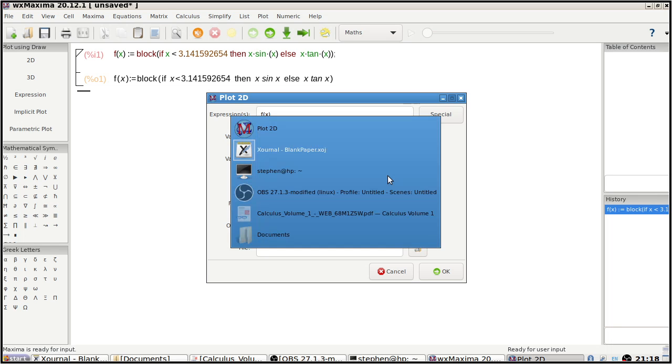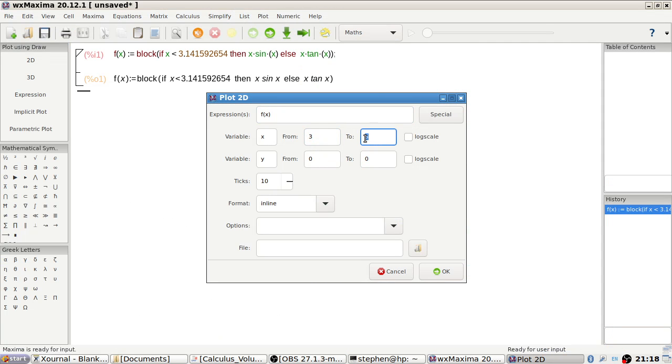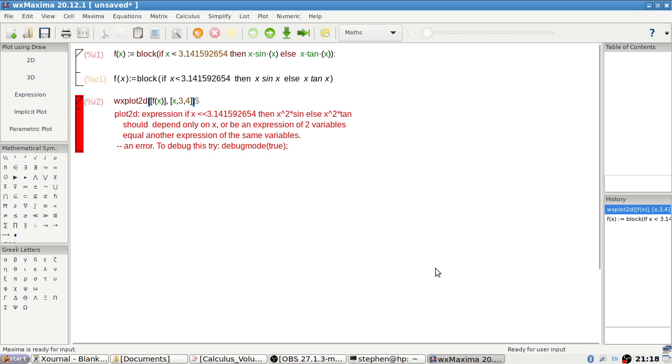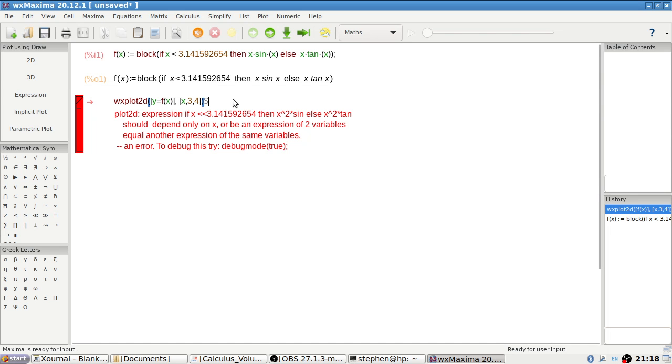Fx. And then I want to be around pi, so I'll just go from 3 to 4.